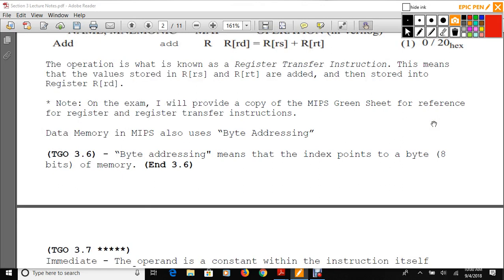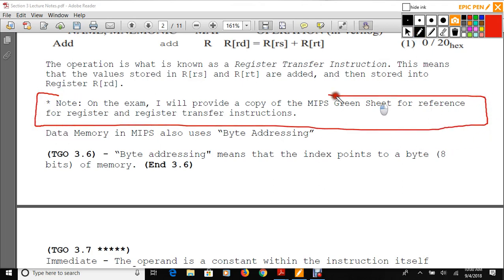That way, when you get into industry, you can go through your own technical documents and say, oh, that's what that means, I can look this up. That's the skill that you'll be able to take beyond this specific course. I've also noted that on the exam or quiz, I will provide the MIPS green sheet for you.